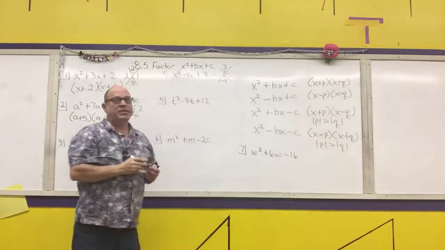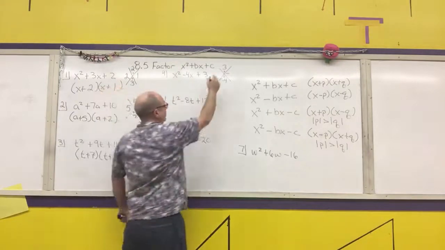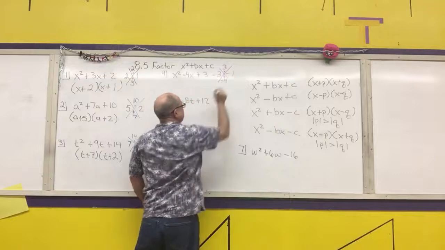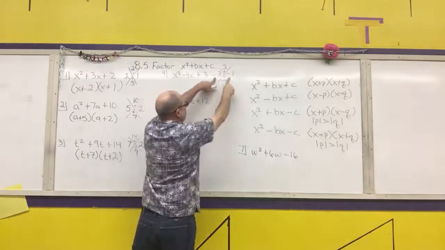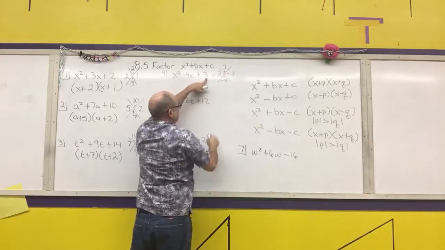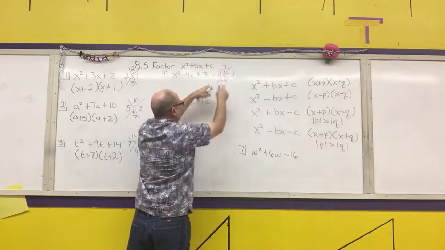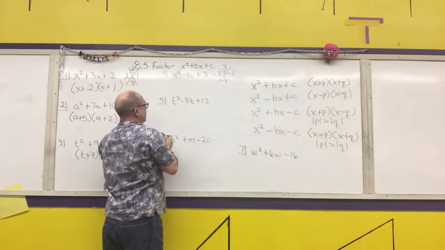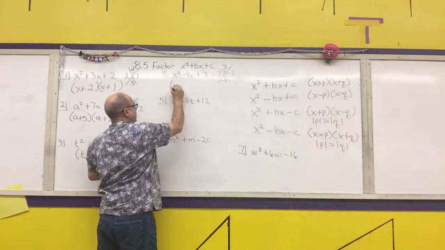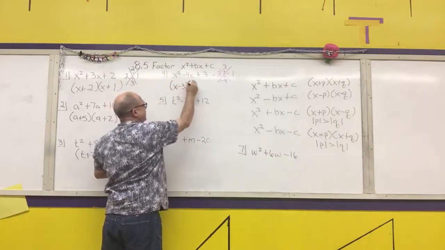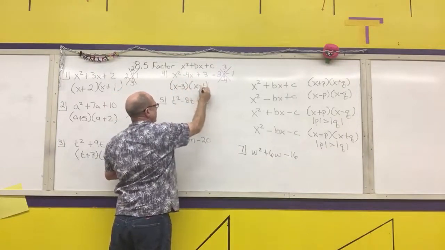Only way to get 3 is with 1 and 3. So I just put those numbers in. And let's check. Negative 3 times negative 1 is positive 3. And negative 3 minus 1 is negative 4. So my answer is going to be x minus 3 times x minus 1.